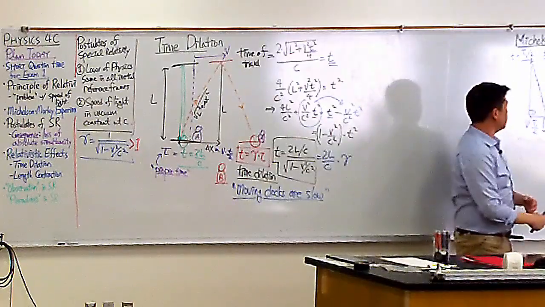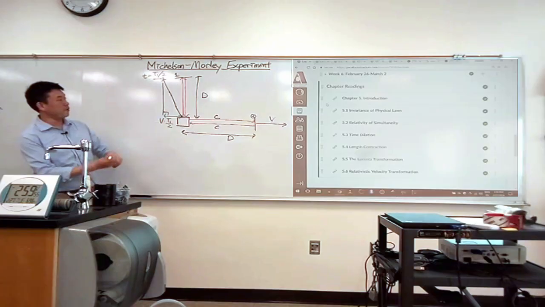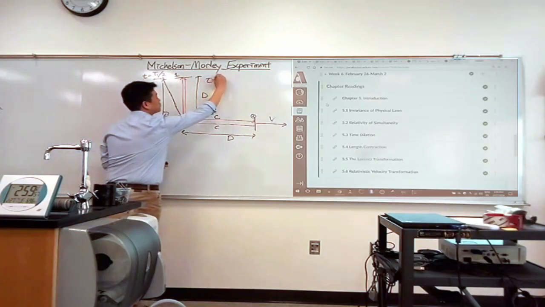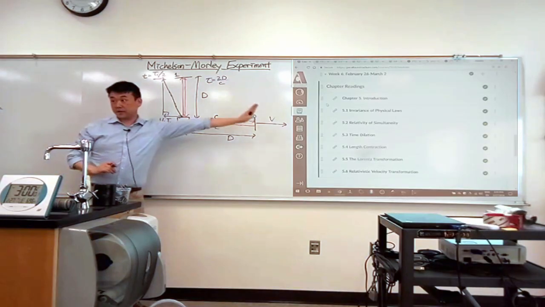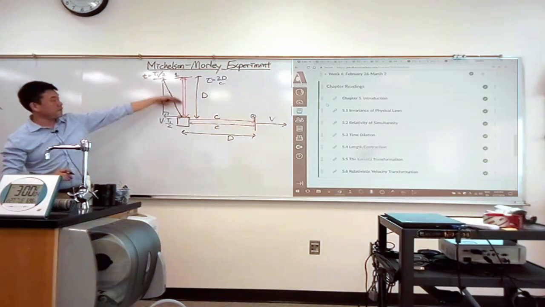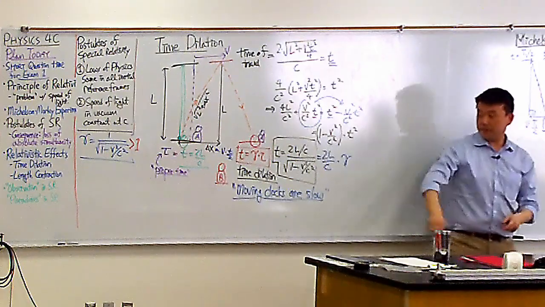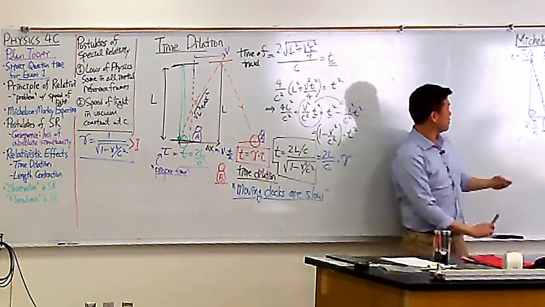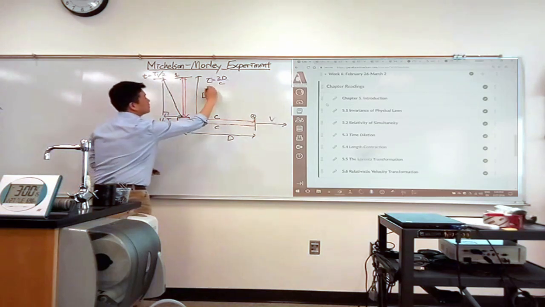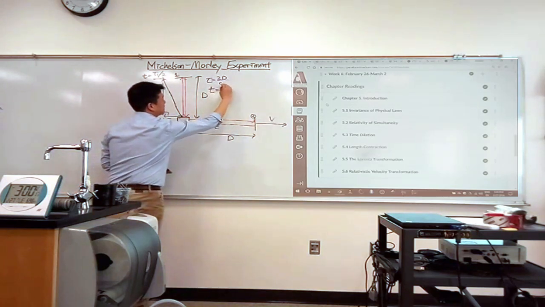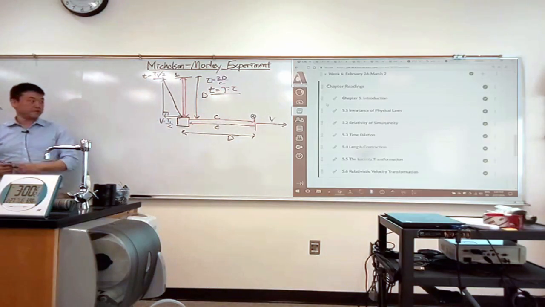If while it's at rest it took a round trip time of tau equal to 2d over c, then as this is moving, the round trip time will take more time by this factor gamma. So instead of tau, as it's moving at speed v, the time it takes will be gamma times tau.